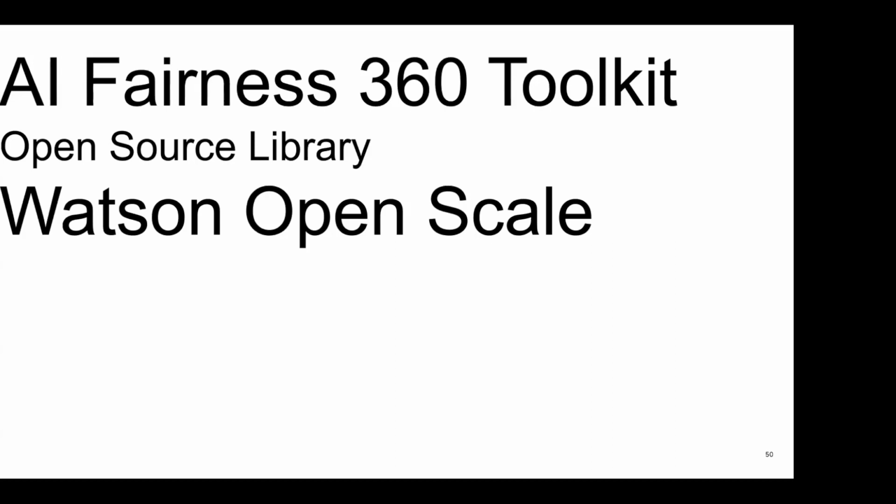It's not only for the model in production. As in the diagram that I will show at the end, it keeps monitoring starting from the data that we put into the machine learning system until the last part, which is putting the model into operation. IBM has open sourced this library and made it available for everyone to use.